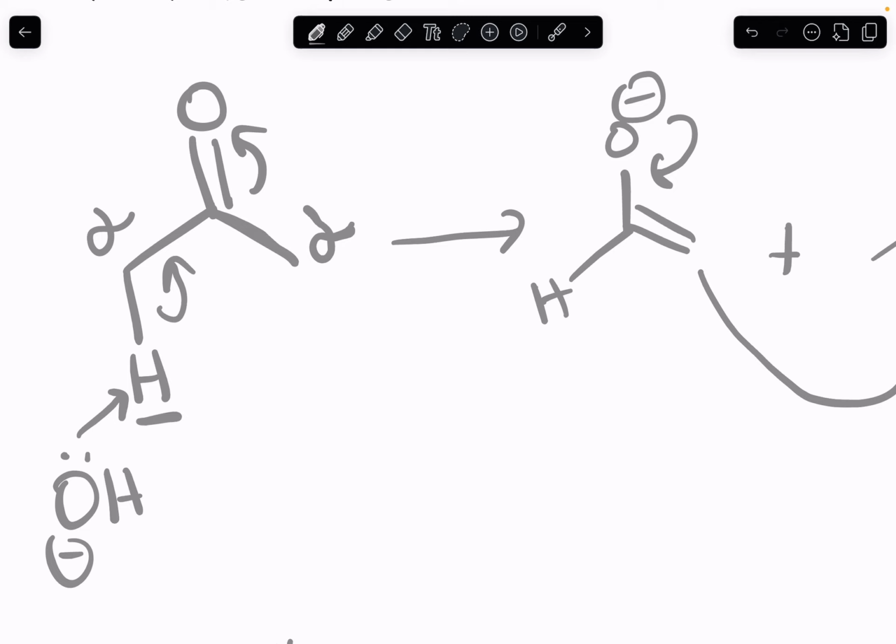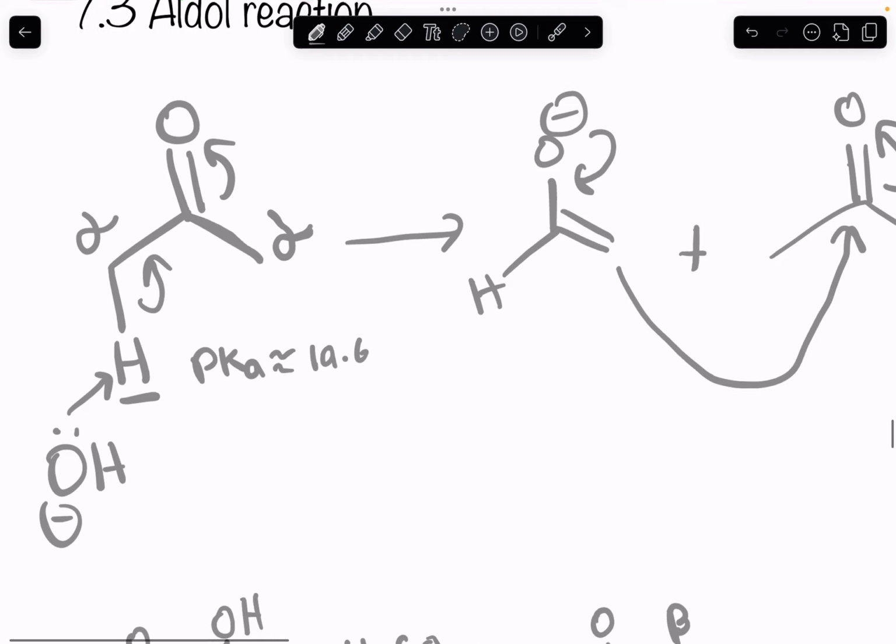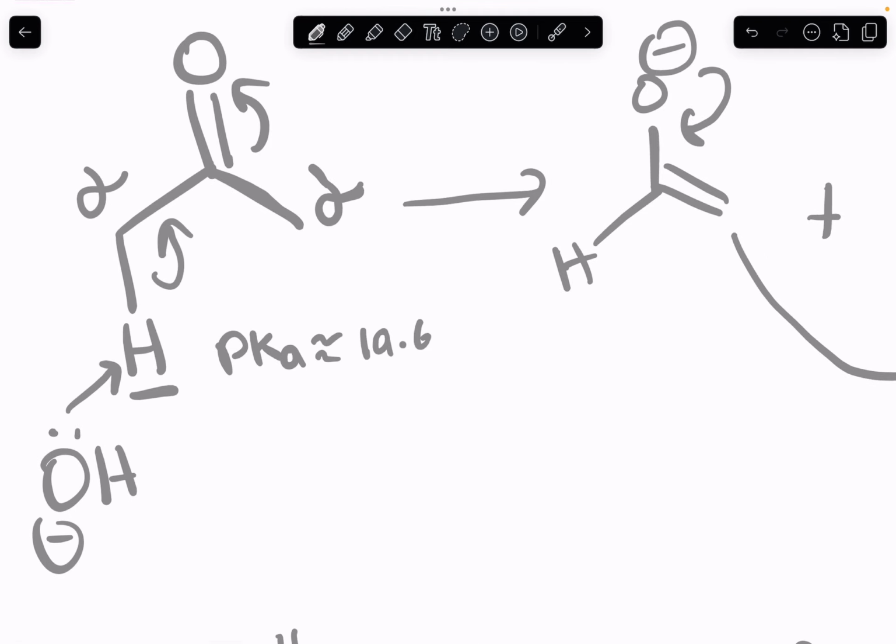They have a pKa of around 19.6. So what's gonna happen is a base is gonna come here and pretty much take electrons from the hydrogen. So we're going to pick up the hydrogen to make H2O, and then we're going to put those electrons to make a double bond. Hold on, let me highlight it.